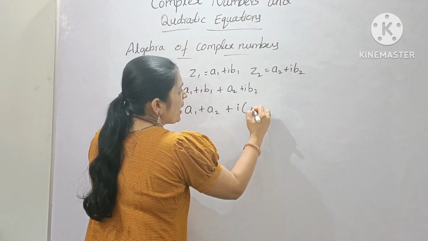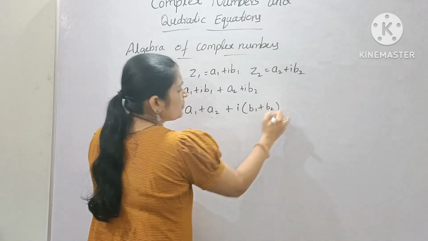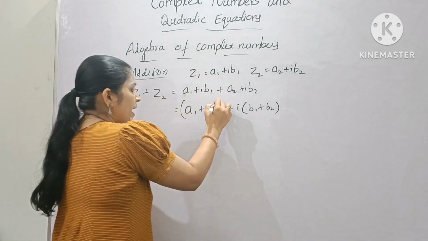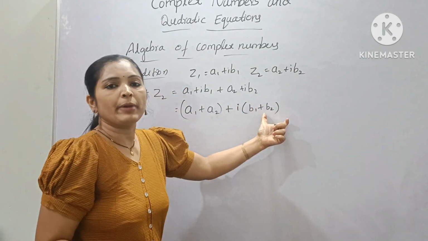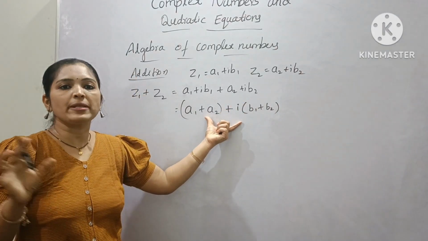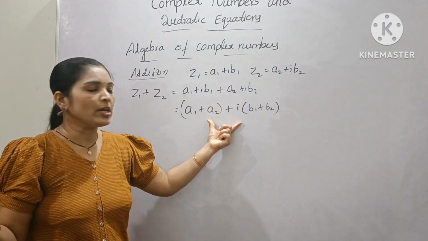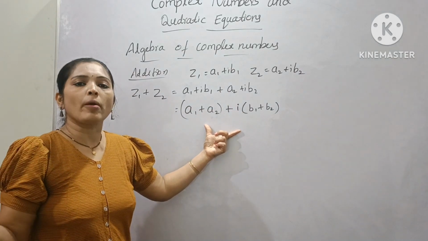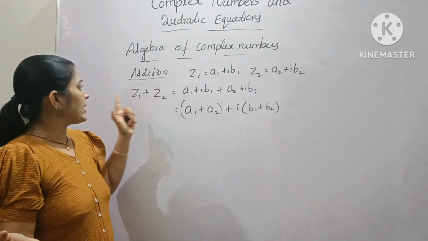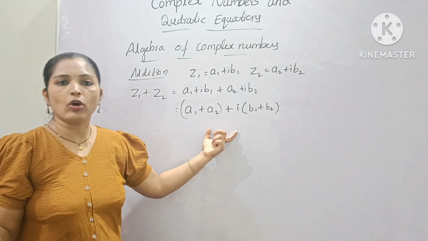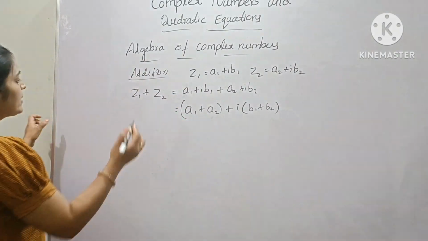See, a1 plus a2 plus i(b1 plus b2) is of the form a plus ib, isn't it? Which is also a complex number. So z1 plus z2 is also a complex number. So next, subtraction.